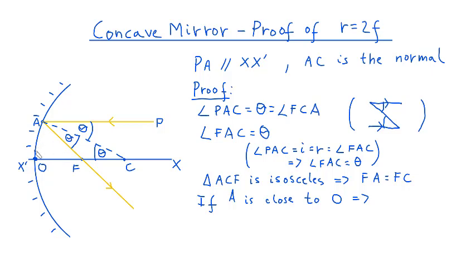Okay, so just imagine if I had drawn A here, then this length here, FA, you can see that it would be quite close to FO. I haven't drawn it here just to keep the diagram clear. Okay, so we're saying if A is close to O, then FA is approximately equal to FO.